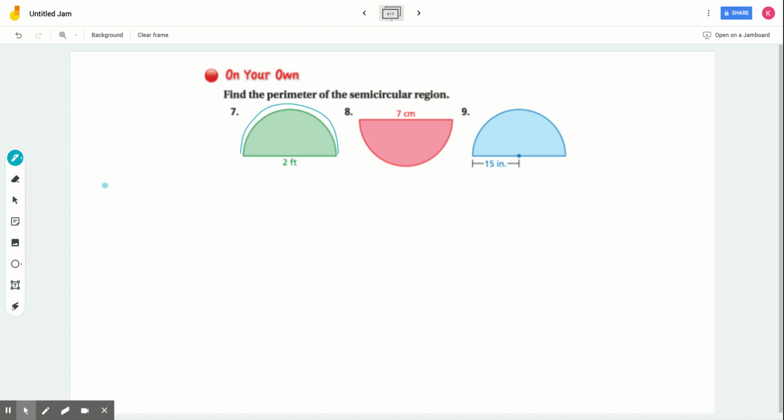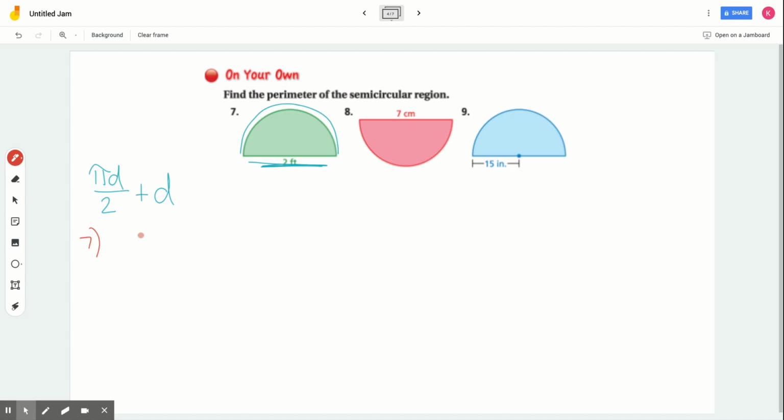So remember that circumference is pi times diameter, but we're now cutting that in half because we're only going halfway. But then we also need to account for this piece, which is the diameter. So to find the perimeter of a semicircle, we're going to use this formula: pi times diameter divided by 2, plus the diameter. So let's go ahead and take a look at number 7.